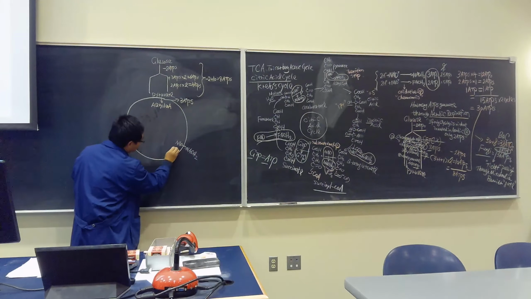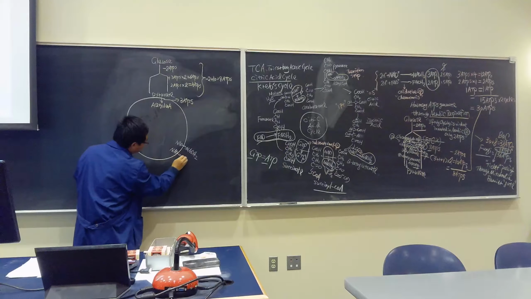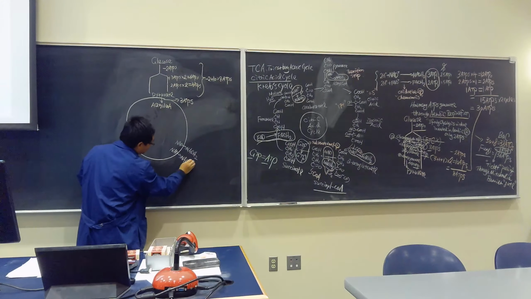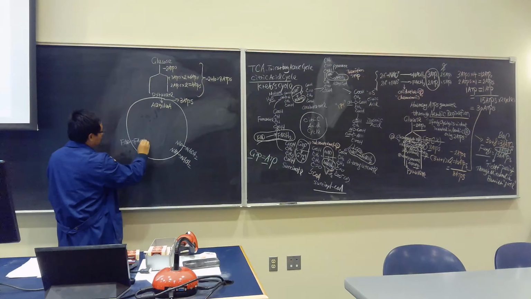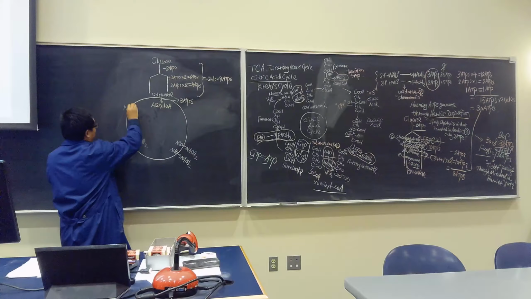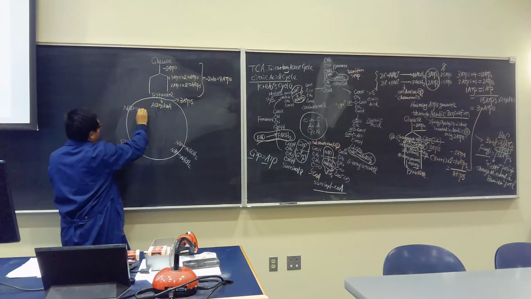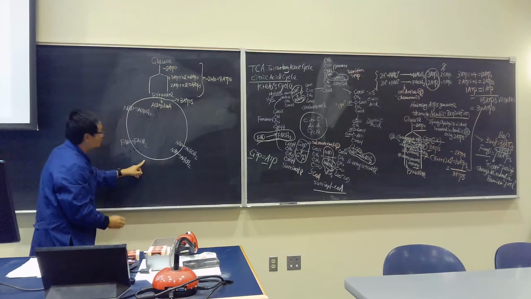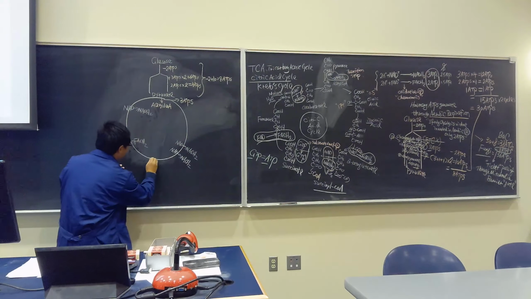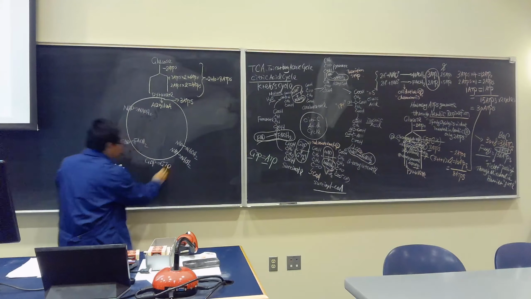Somewhere here there is another NAD reduced to NADH2. Somewhere here there is a FAD reduced to FADH2, and somewhere the cycle finishes, there is an NAD reduced to NADH2. And don't forget, right in the middle at the bottom of the circle, we have the GDP generated become GTP.